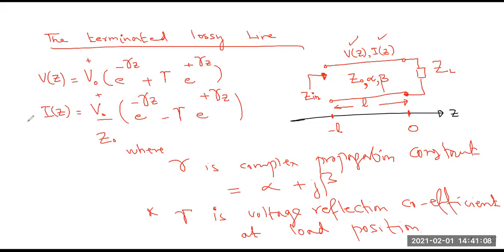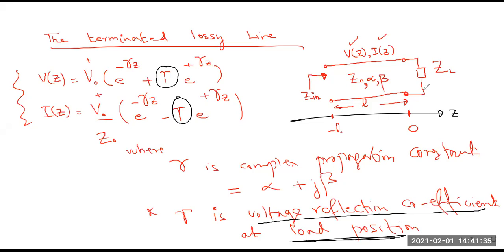Now, once we have general expressions for voltage and current, we can find out other parameters as well. This symbol is used to represent the voltage reflection coefficient at the load position, so right at this point.